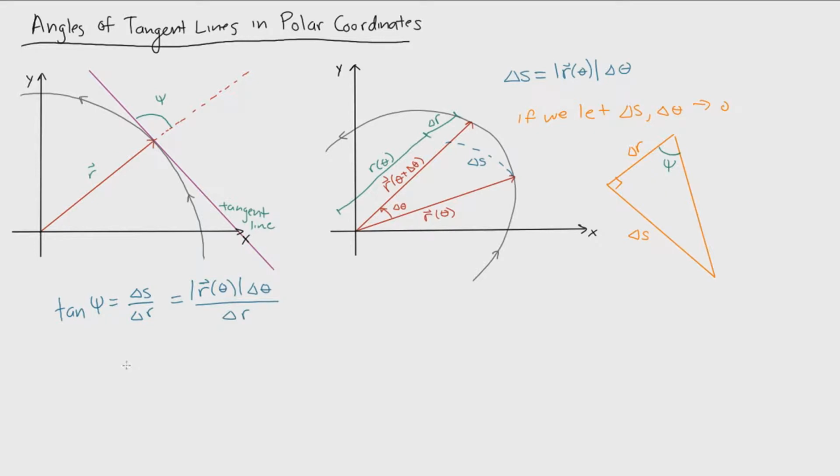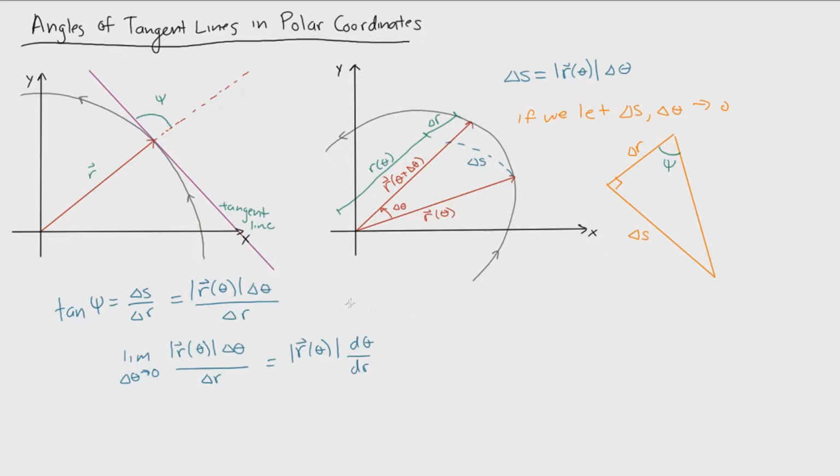If we take a limit, as delta theta or delta r goes to 0, this is going to equal r of theta, the magnitude, times delta theta over delta r, and this is going to be r of theta d theta dr.